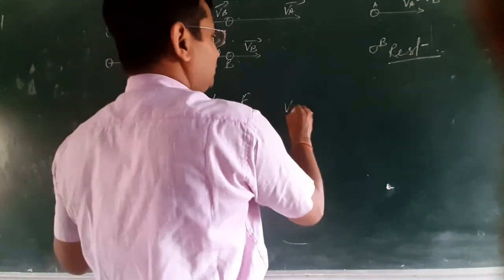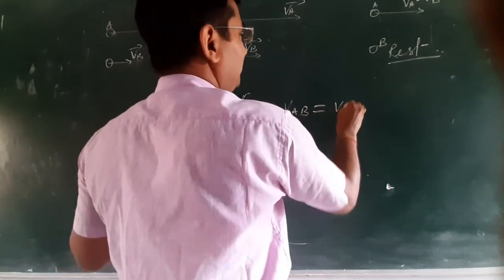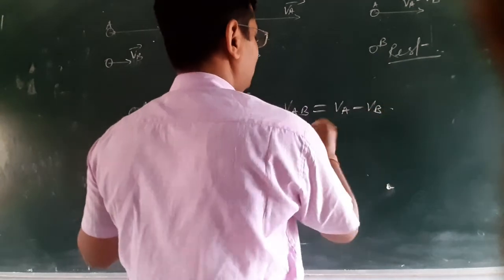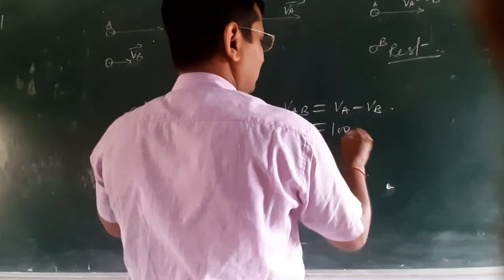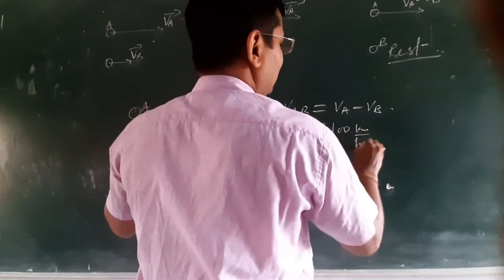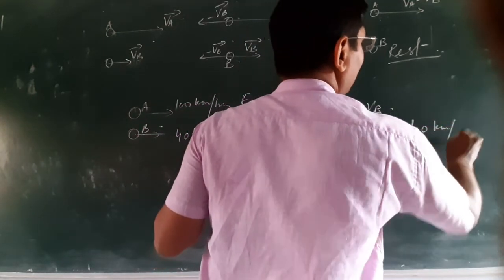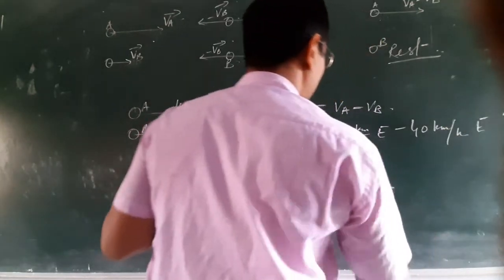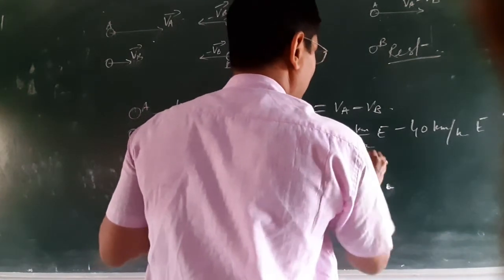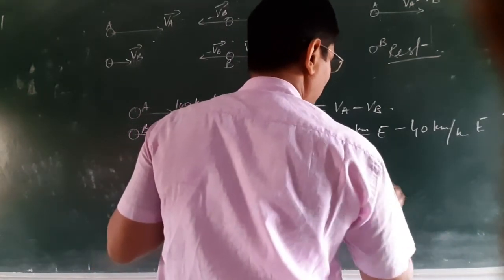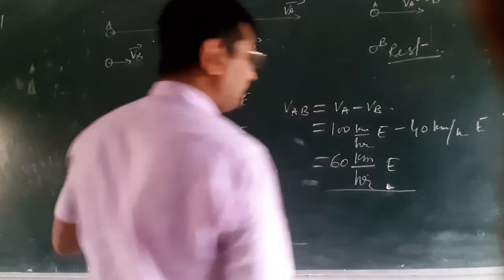The relative velocity of A with respect to B will be VA minus VB. And this is 100 km per hour east minus 40 km per hour east. So this will be 60 km per hour. This is the relative velocity.